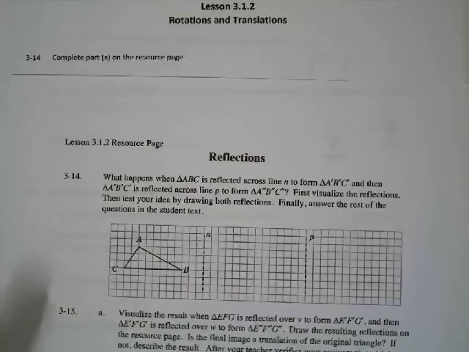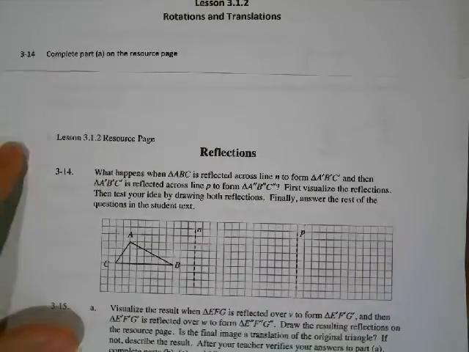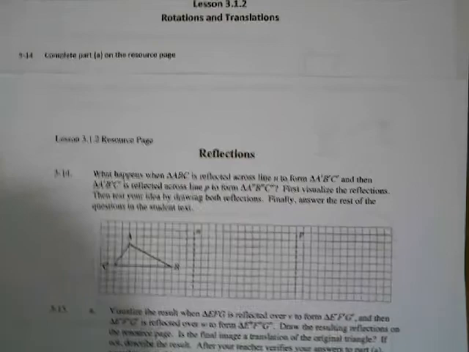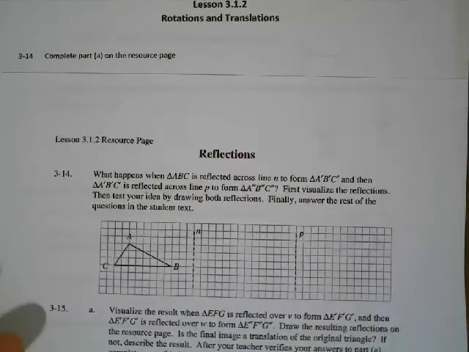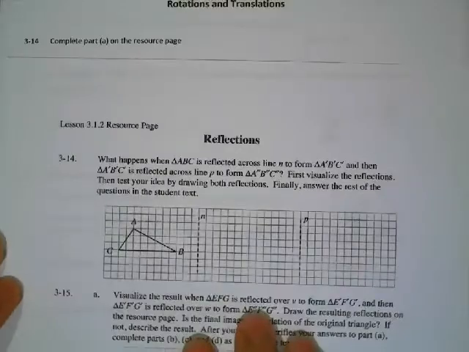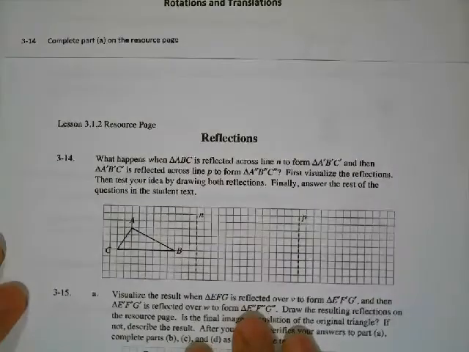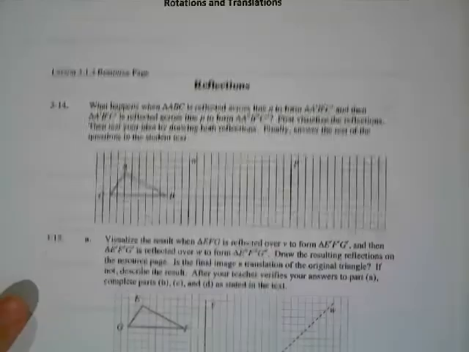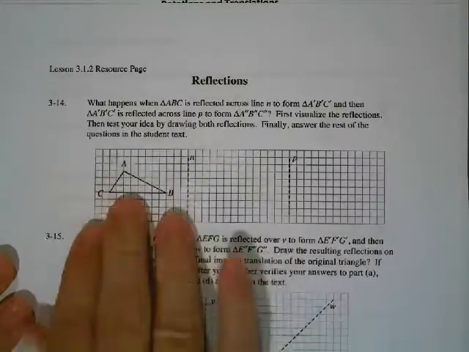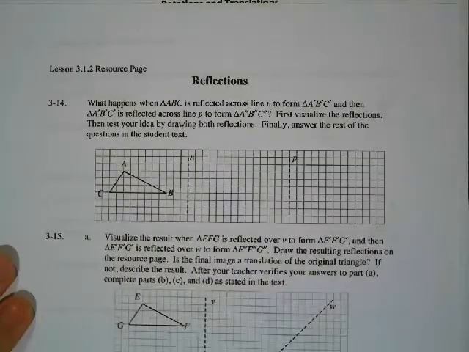All right, so get out your resource page for this one. Like I said, we're going to be going over rotations and translations, which are our other 2 transformations. On our first problem, 3-14, we're going to take triangle ABC and reflect it 2 different times.